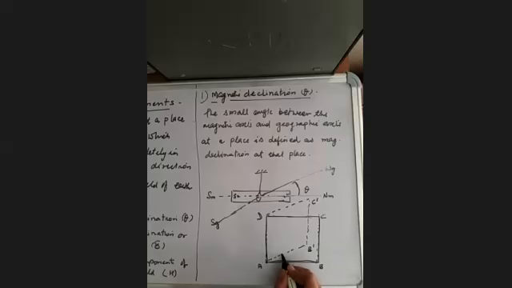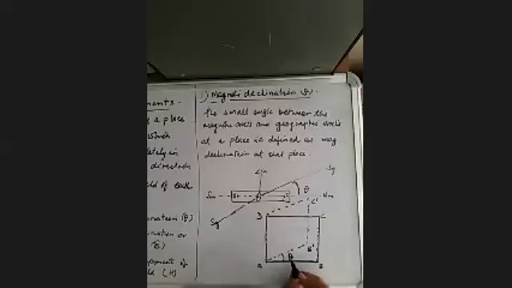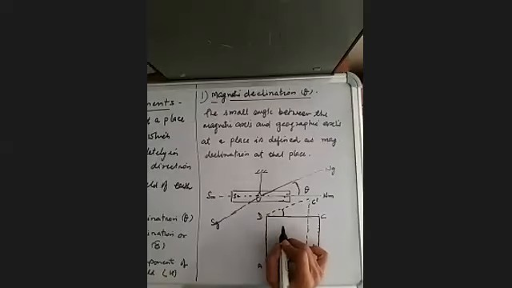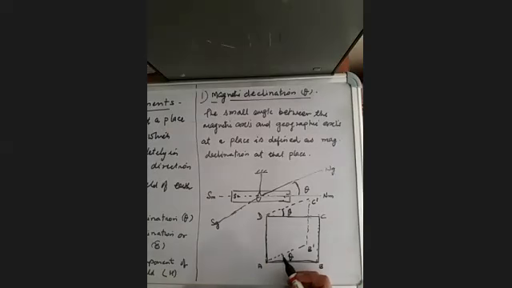And we know the angle between the geographic axis and magnetic axis is theta, that is the magnetic declination at that place. Similarly, the angle between the two planes, magnetic meridian and geographic meridian, is also theta. So we can define magnetic declination in terms of the magnetic meridian as well as the geographic meridian. So what we can say is that magnetic declination at a place is the angle between the magnetic meridian and the geographic meridian at that place.